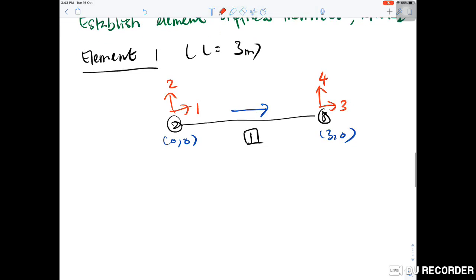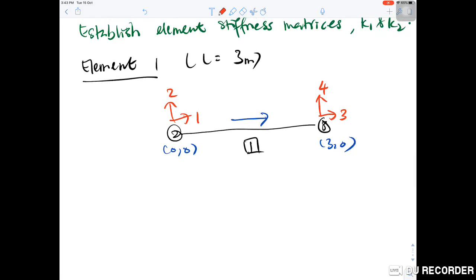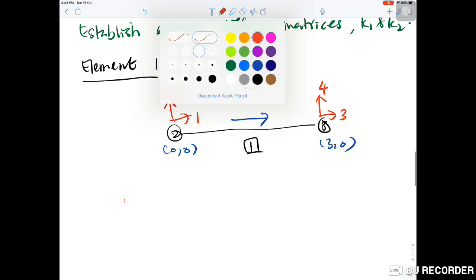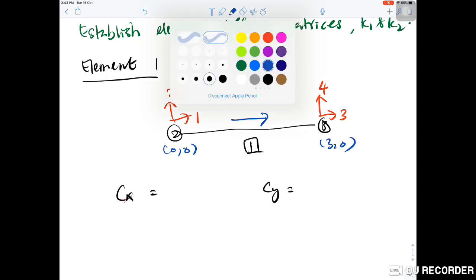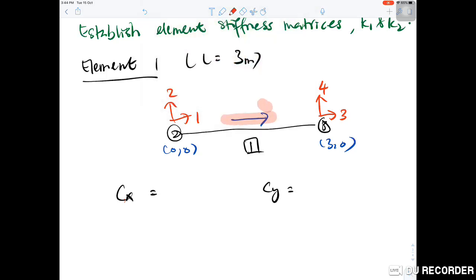Okay, we will start with determining the Cx and Cy, or lambda x and lambda y, for the element. We need to determine these two values, Cx and Cy. For Cx, please look at the x value. For Cy, please look at the y value. It must be far minus near. How to identify far? Because the arrow is going to the far end.